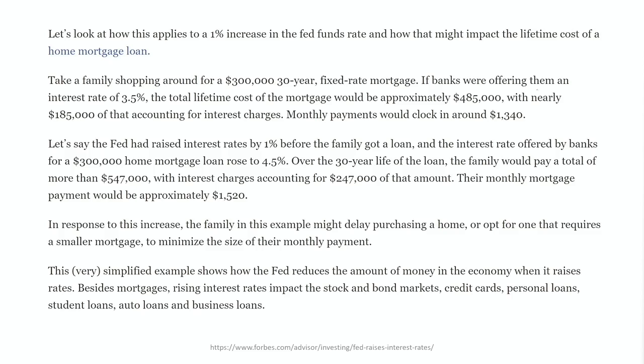If they could get a rate at 3.5%, then the total lifetime of the mortgage on that $300,000 is $485,000, right? And so out of that $485,000, $185,000 is interest payments at 3.5%, and that makes your monthly mortgage $1,340.